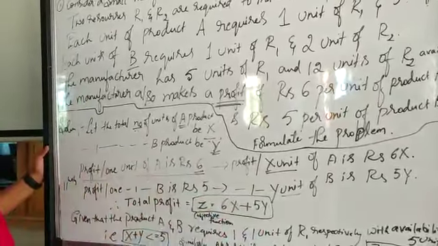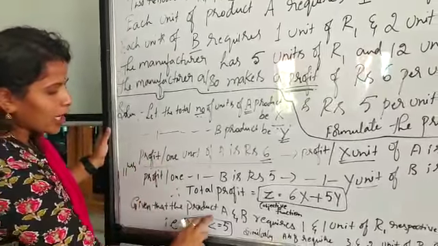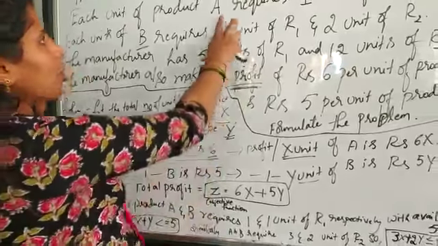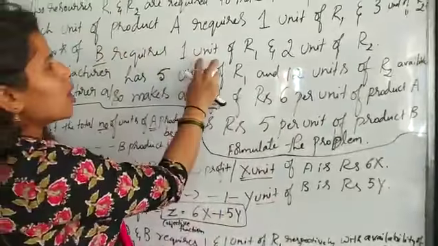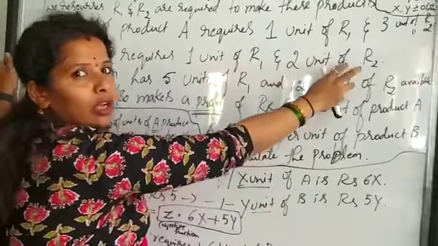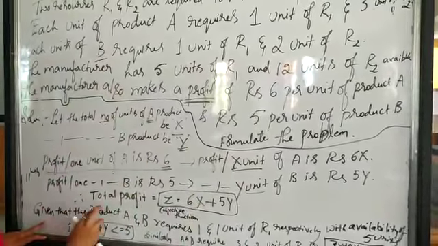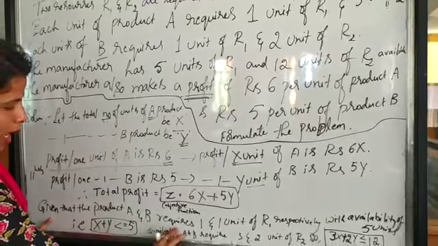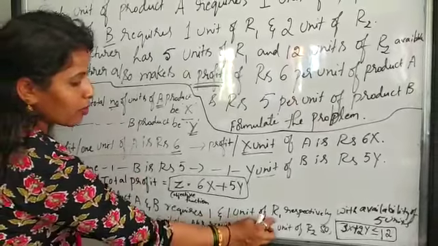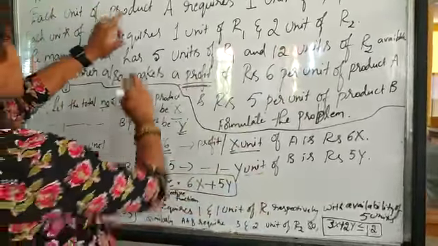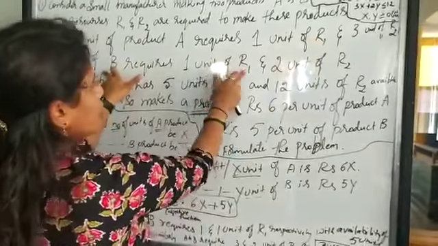We have got this. Now I have to look into the subject to constraints. We know that product A requires 1 unit of R1 and 3 units of R2, and product B requires 1 unit of R1 and 2 units of R2. I'm talking about only R1 here: product A requires 1 unit of R1 and product B requires 1 unit of R1.